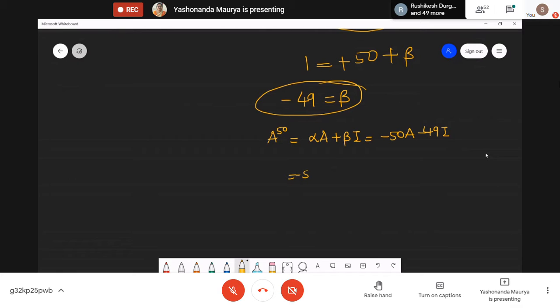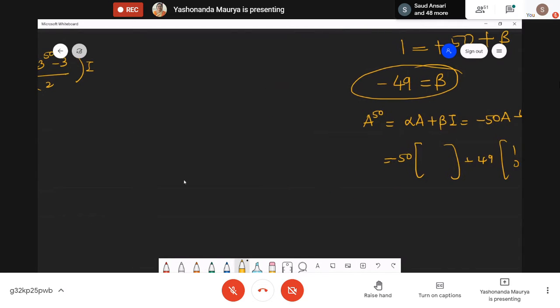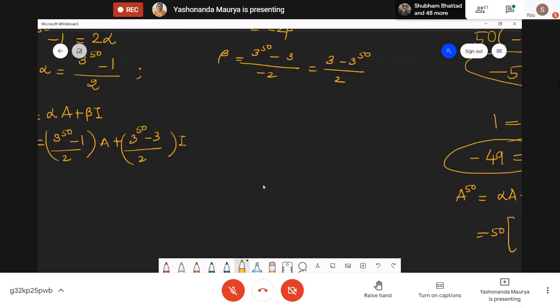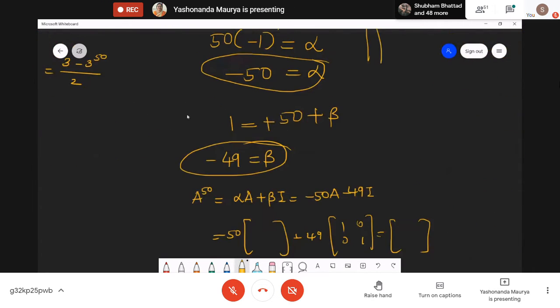So this should be minus 50, write down the A matrix, minus 49, write down the identity matrix, and simplify this to get only one matrix. So where do we expect a single matrix and when do we accept the expressions? It depends on the values of alpha and beta that we are getting.